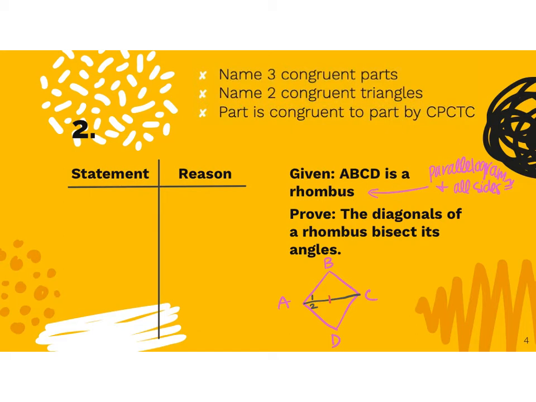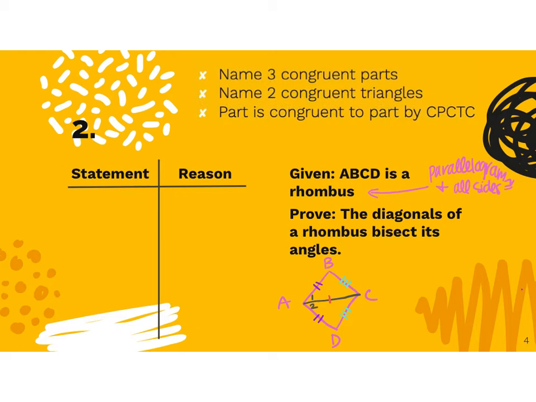I also can say that all the sides are going to be congruent. The ones that I really want to be congruent would be side AB and AD, and side BC and DC, which we know is true because all of the sides are going to be congruent to each other.